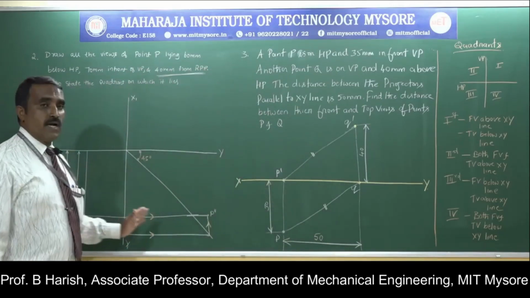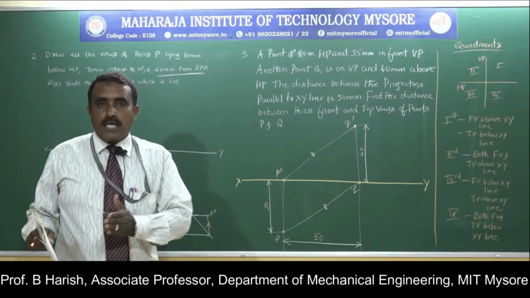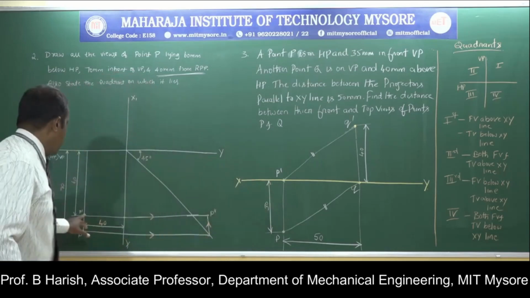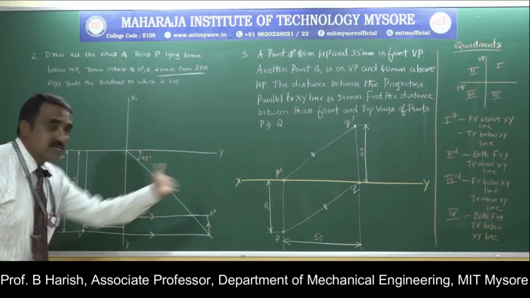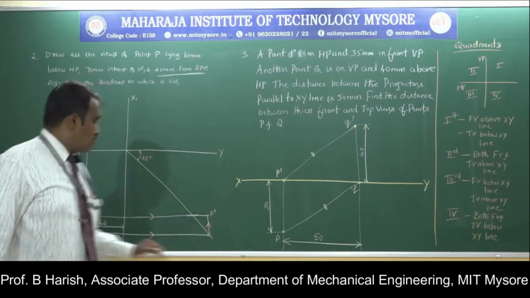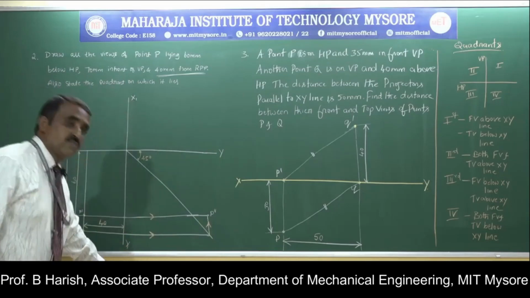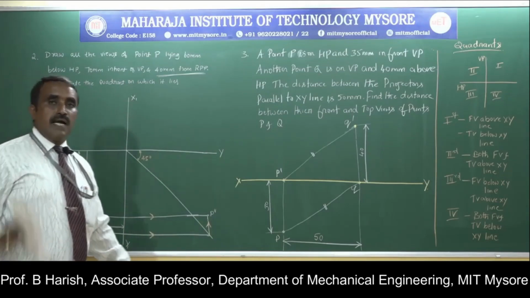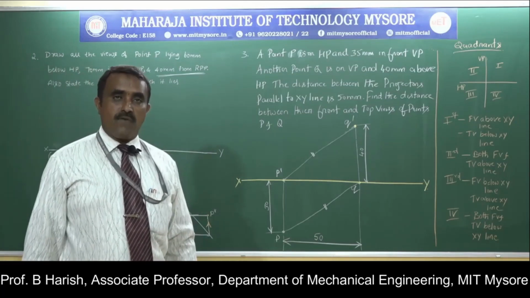From the projector already drawn, move a distance of 40 mm towards the right. Measure a distance of 40 mm and draw the X1 Y1 line as I showed, the intersection of the vertical plane and your profile plane.